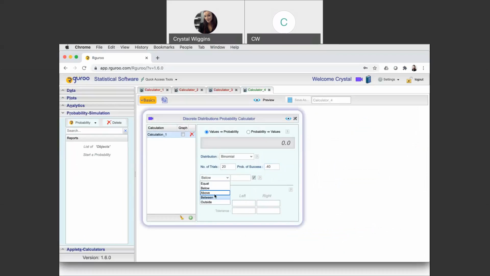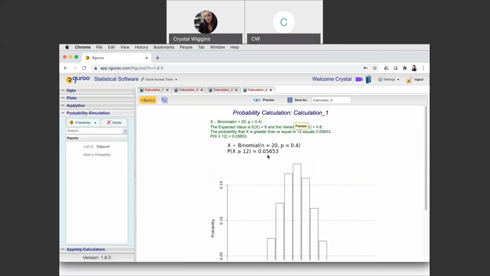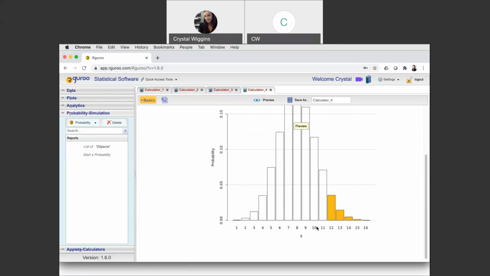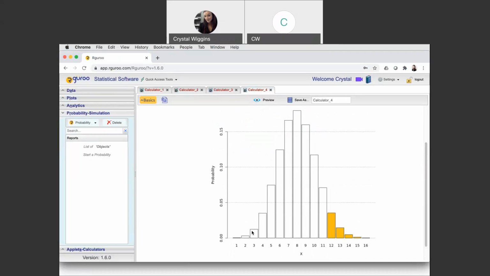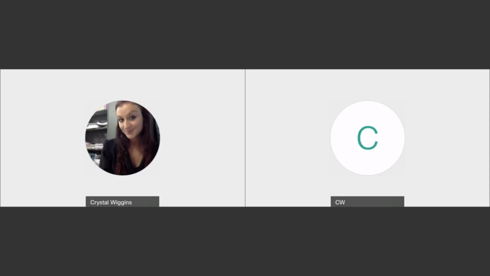And I want above 12, which will include 12. Okay, so I see that the probability of that happening, 12 or more, is 0.056, rounding to about a 6% chance. And again, we can see that this distribution is roughly normally distributed, and we are highlighting 12 or more over here. Back to our PowerPoint.